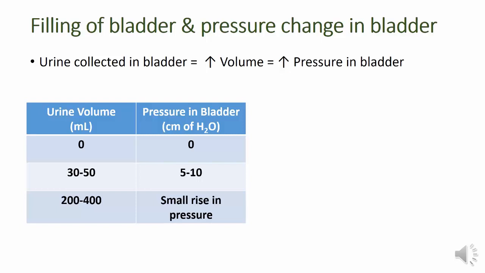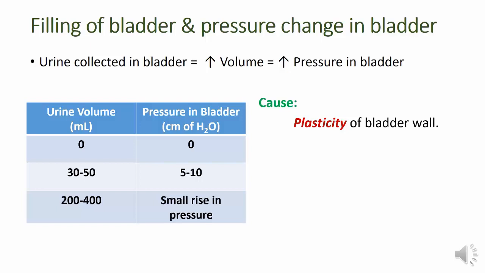Now why does this happen? Because in 30 to 50 ml there is an increase of 5 to 10 centimeter of water, but with a large increase like 200 to 400 ml there is only a small rise in pressure. This happens due to plasticity of the bladder wall.